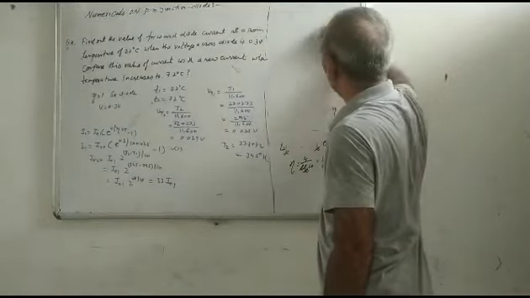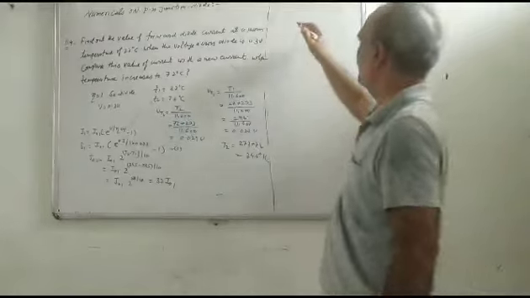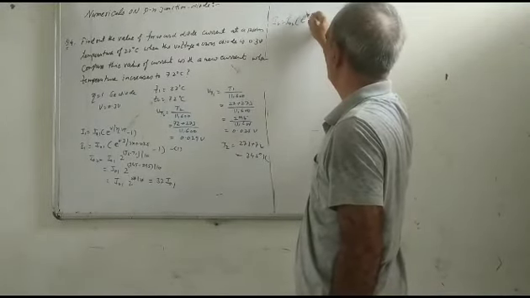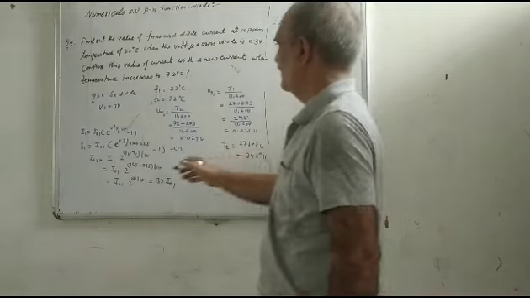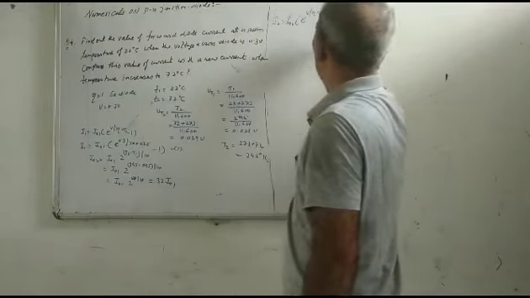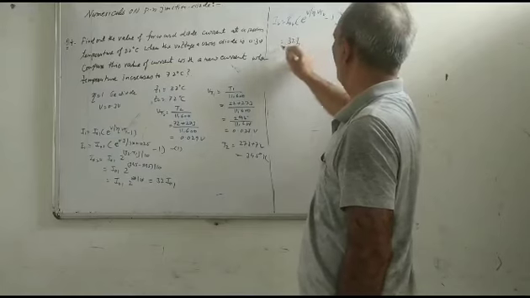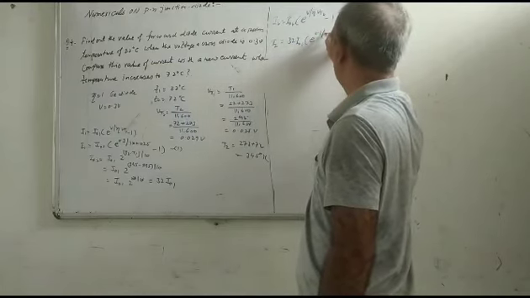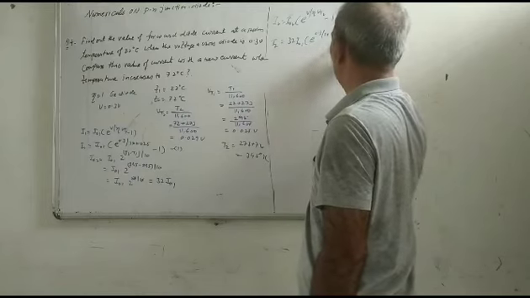The I2 formula is I2 equal to I02 into e to the power V upon eta Vt2 minus 1. So I02 is 32 I01, I02 e to the power 0.3 upon 1 into 0.029 minus 1.